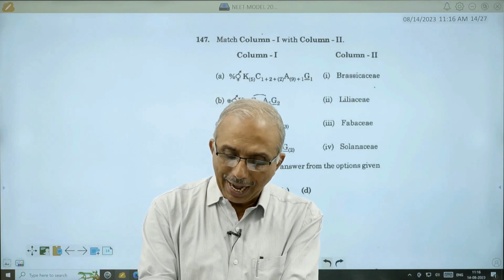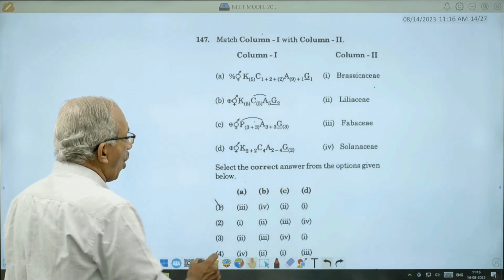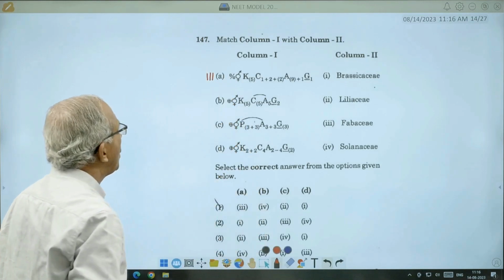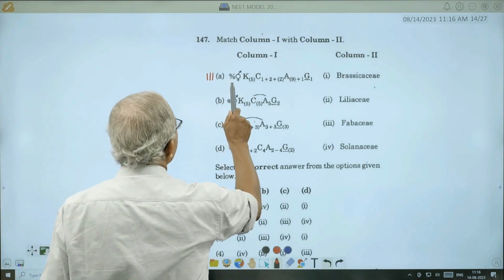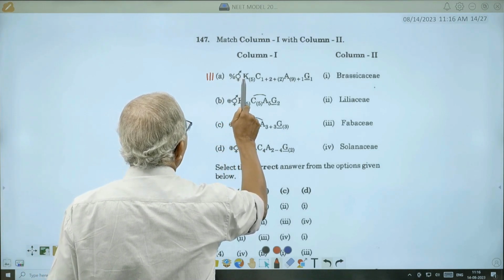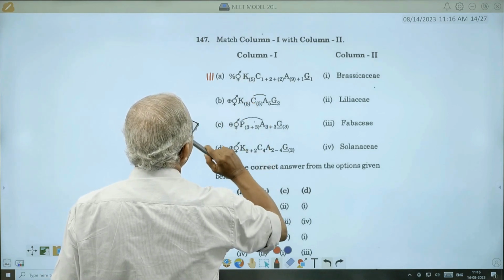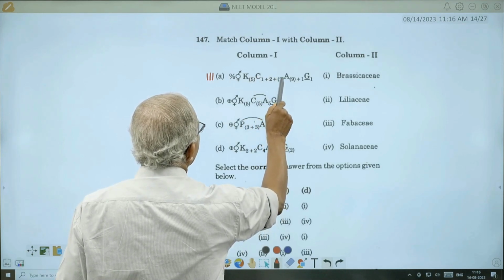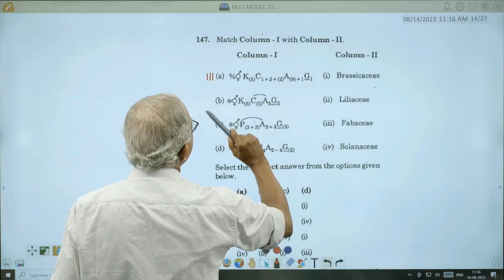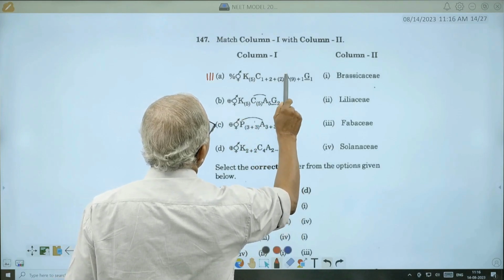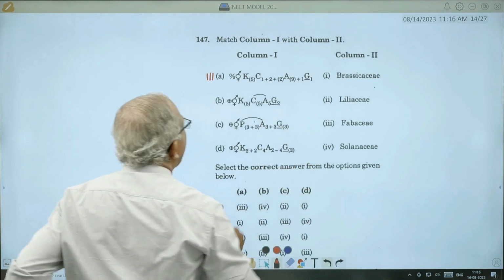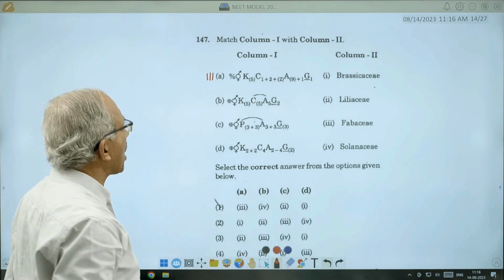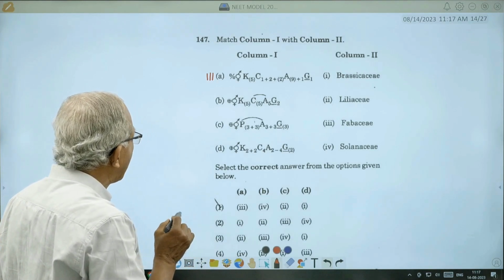First floral diagram is that of Fabaceae: zygomorphic, bisexual, K5, polysepalous, C1 plus 2 plus 2, the third component is fused, then A9 fused plus 1, gynoecium ovary superior, monocarpellary.